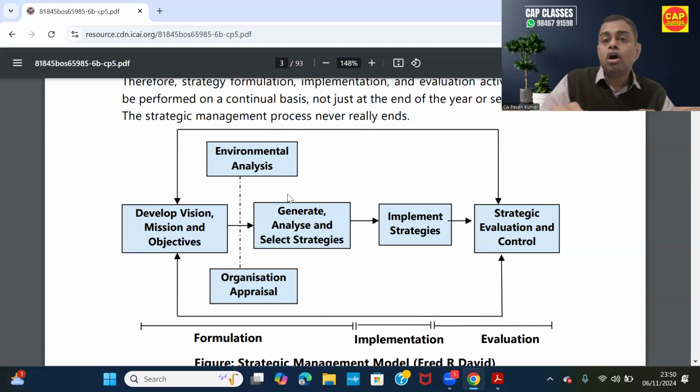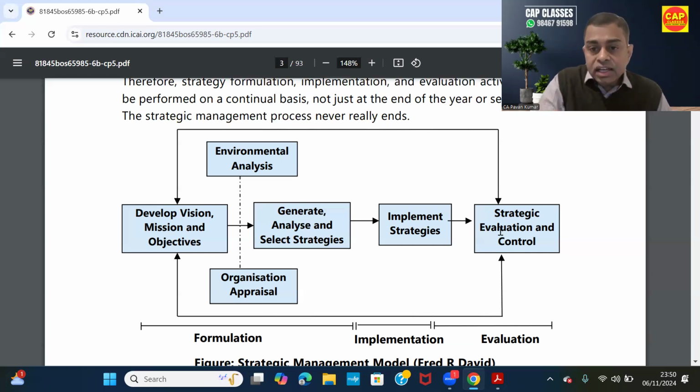Now, the background of the scenario is that we have already done all these things. We formulated strategy, then we implemented strategy also. Now the strategy implementation is ongoing. So, for the ongoing strategy implementation, how will we monitor? How will we evaluate? And how will we control?